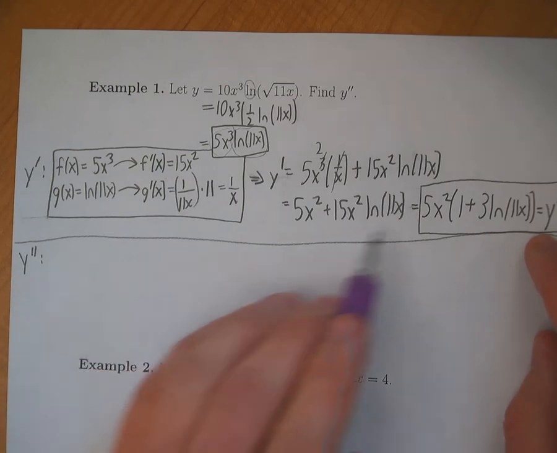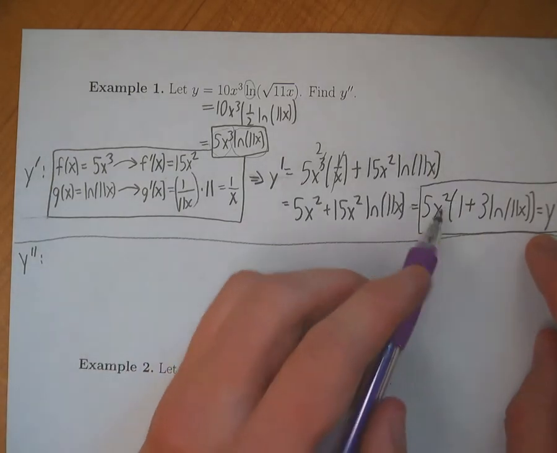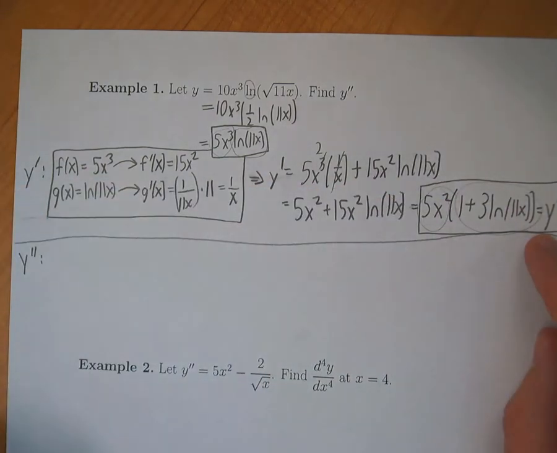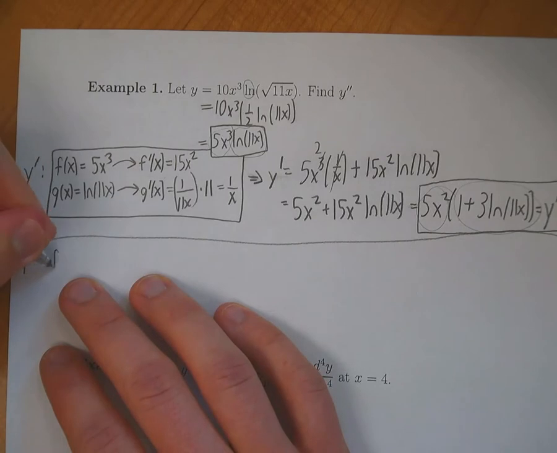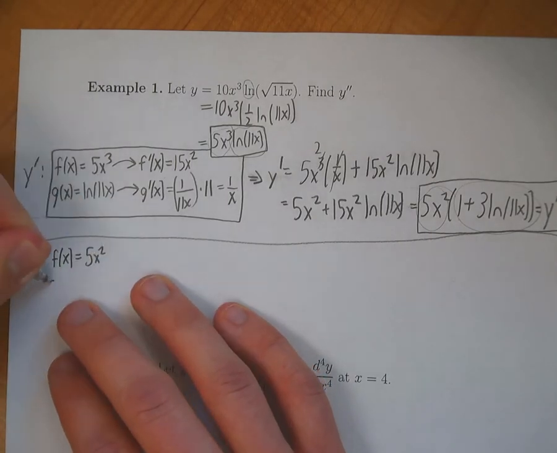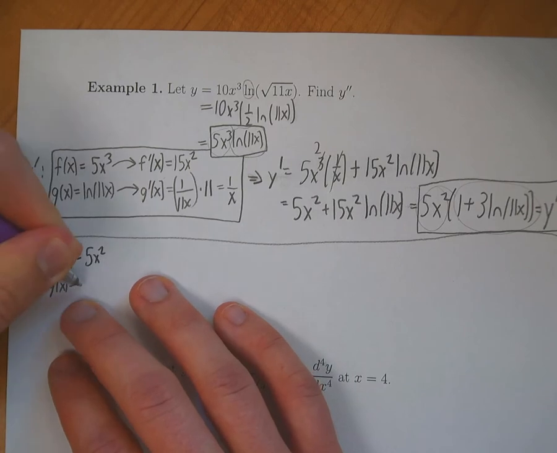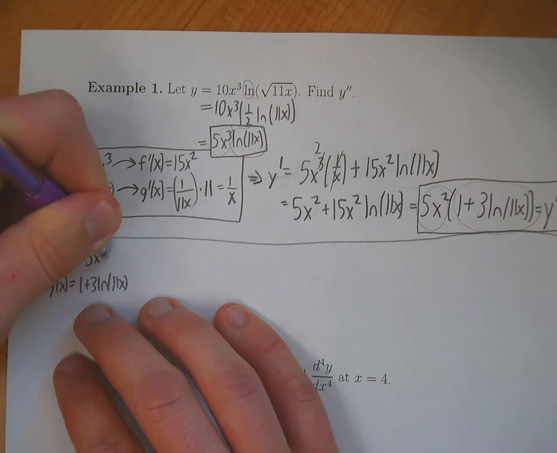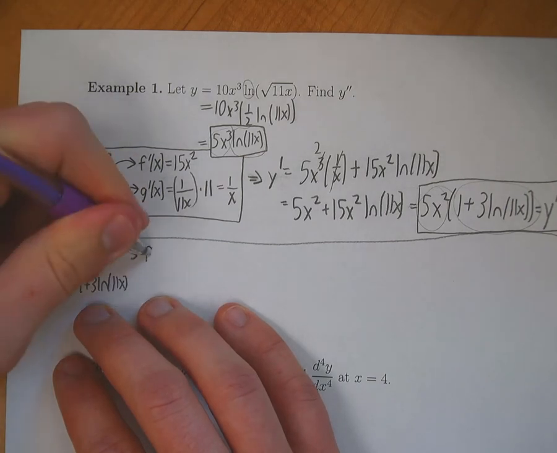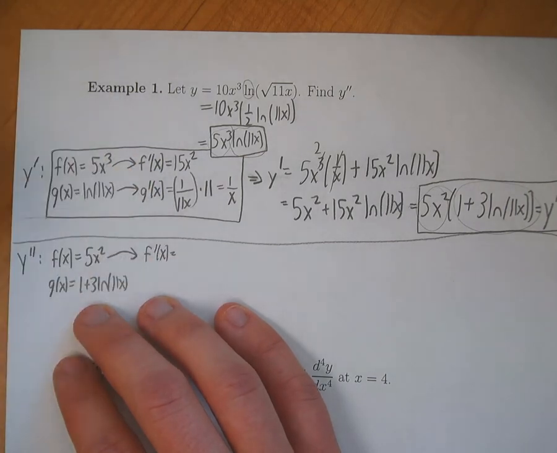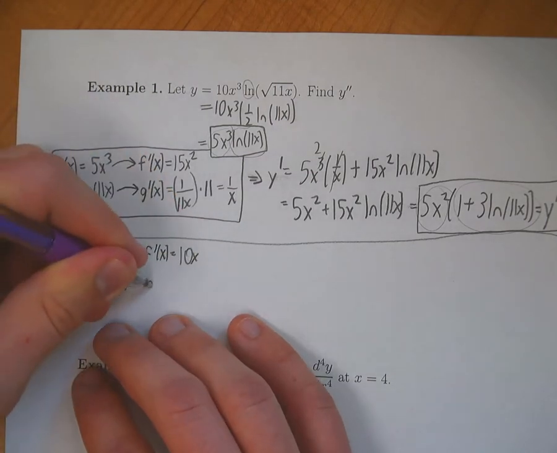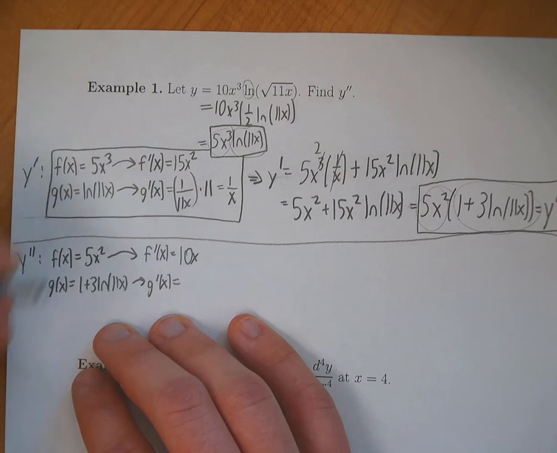Again we have one function of x times another function of x, so we again have to apply the product rule. We have f of x equal to 5x squared, and g of x is going to equal 1 plus 3 times natural log of 11x. Then f prime of x, by the power rule, is 10x. And then g prime of x would then equal what?